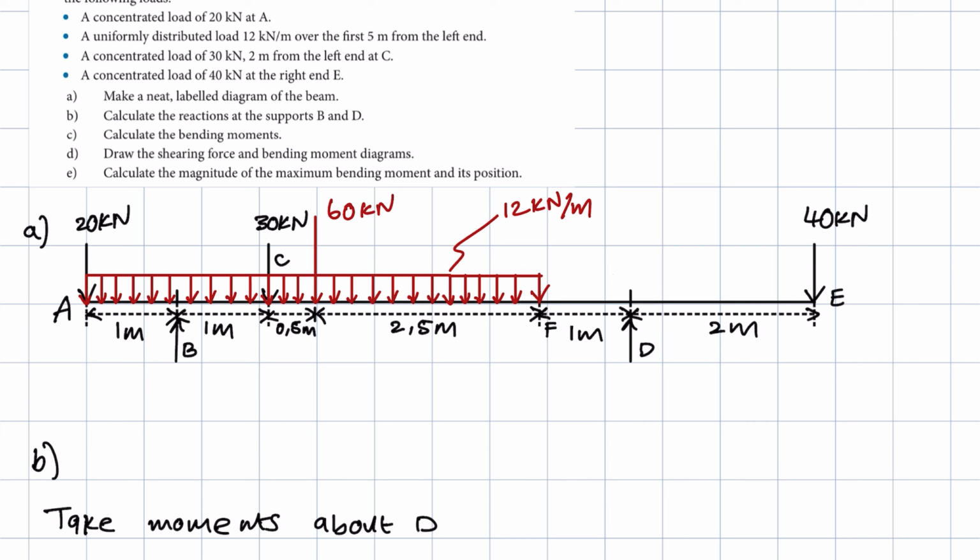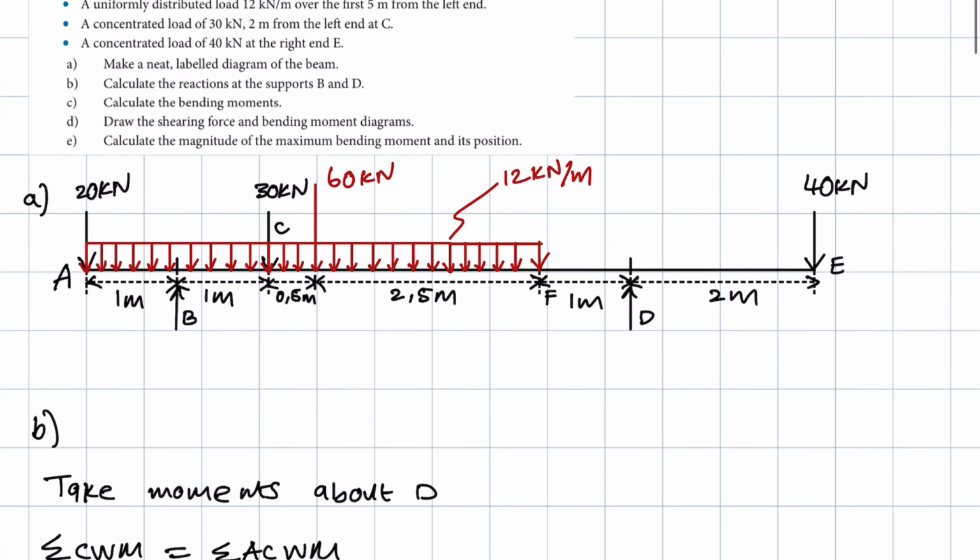And if you look at, for instance, the left hand end of this beam, so point A, there are no forces on the left hand end. Hence, even if you use forces on the right of point A, the bending moment at A will be equal to 0. The same goes for the right hand end, which is point E, because there are no forces on the right side of point E. It means the bending moment at point E, even if you consider forces on the left of point E, is going to be equal to 0, right? So let's look at our bending moments.